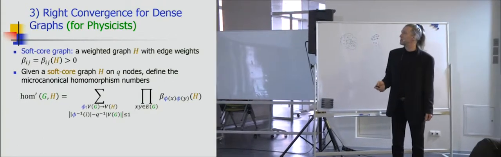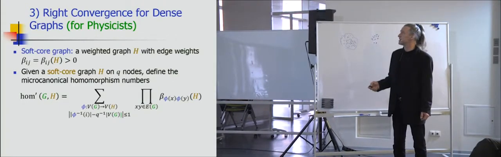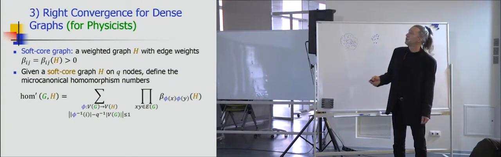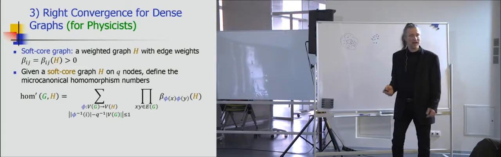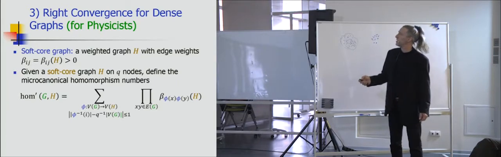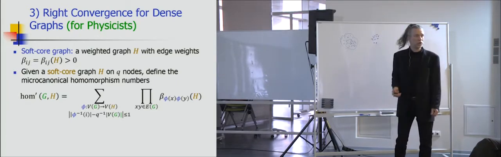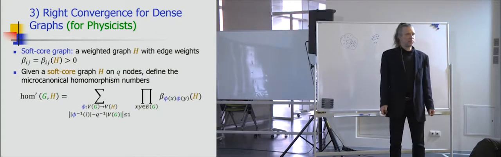The prime I will explain in a minute, so forget this at the bottom for the moment. We just sum over all colorings, and now we put here this soft-core weight. So all of these have non-zero weight, but I weigh different combinations of colors differently. So maybe I want to highly favor red-blue edges.